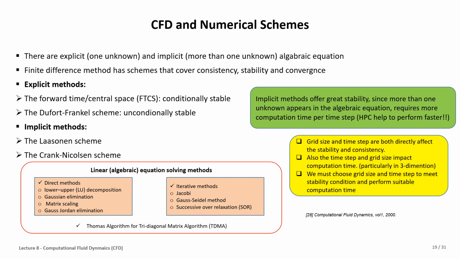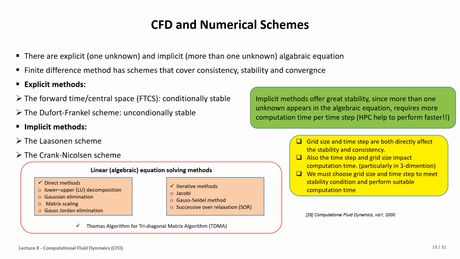When we are creating the algebraic equation in the CFD, it depends on the setup of the problem. Usually when we are dealing with the unsteady problem, which is changing during the time, we will have an explicit type of problem, which means we have one unknown, or implicit, which means more than one unknown.